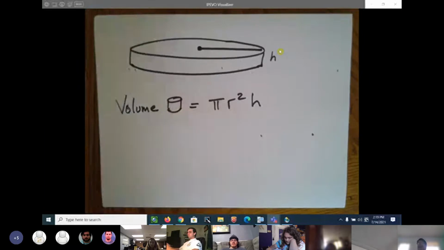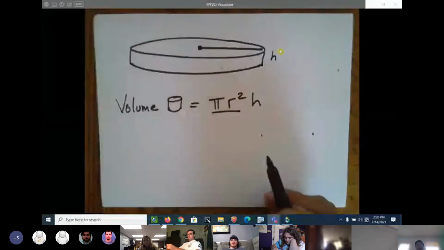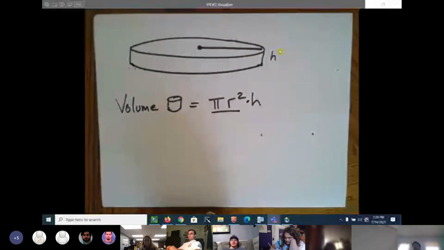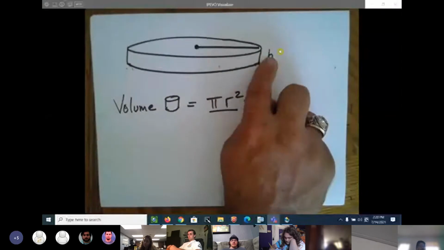The area of the circle times the height. That's it. And I was wondering if he would say that. The area of a circle times the height. That's how you remember the volume of a cylinder. But this right here is not going to be h. Anybody know what that's going to be?